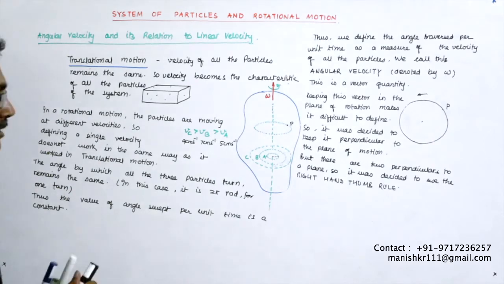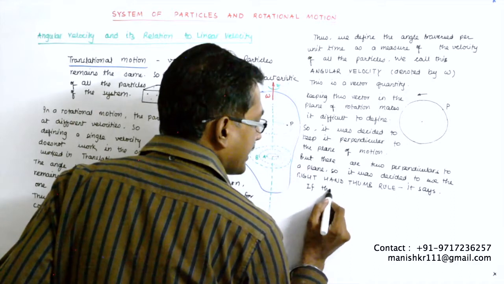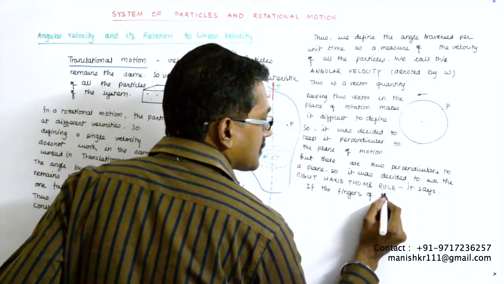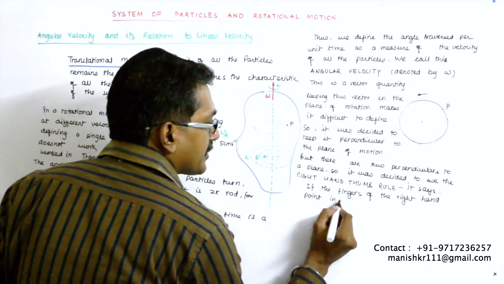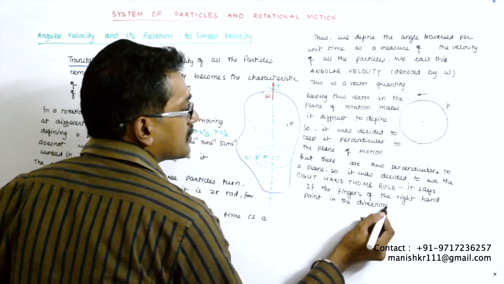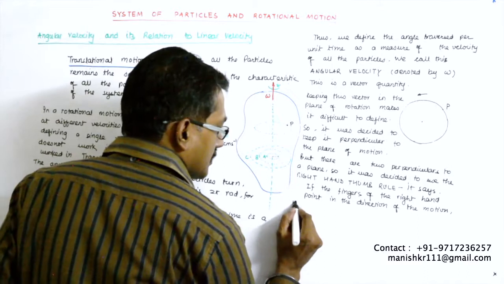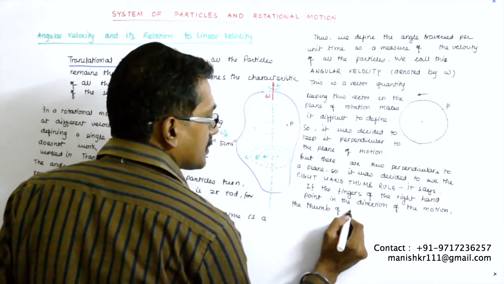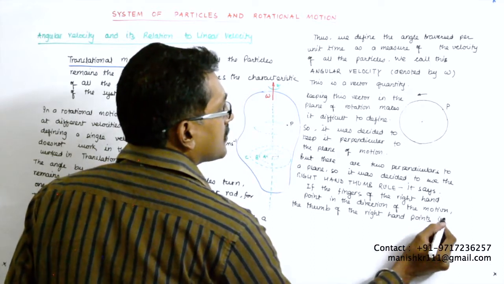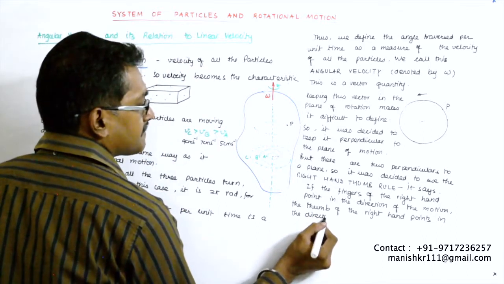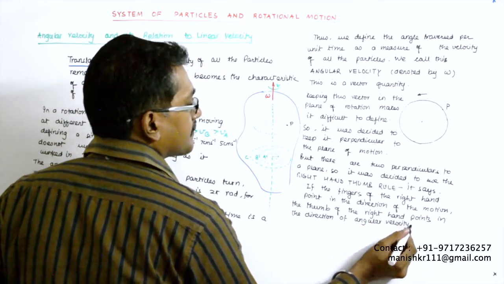In this case it was this. Right hand thumb rule. It says what? If the fingers of the right hand point in the direction of the motion, the thumb of the right hand points in the direction of angular velocity.